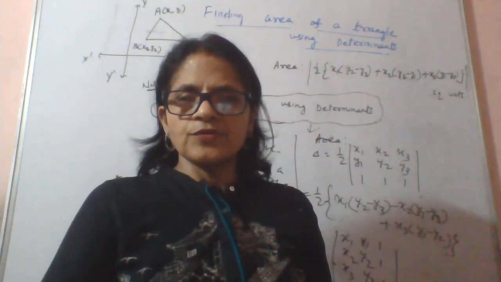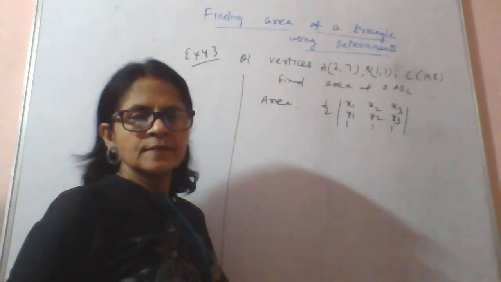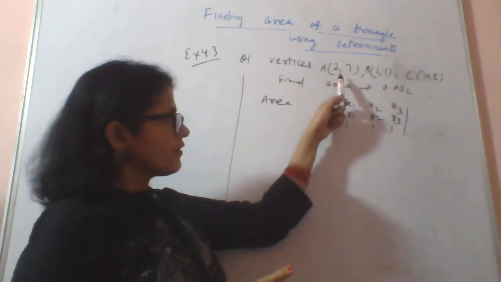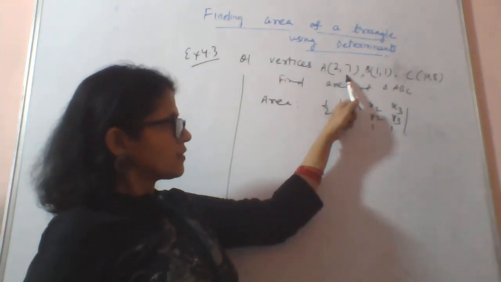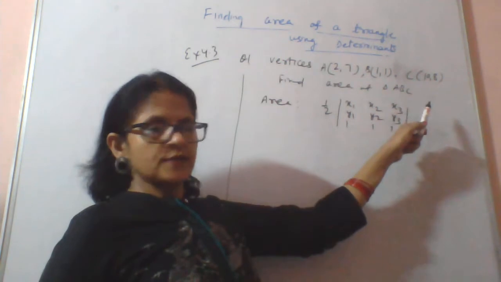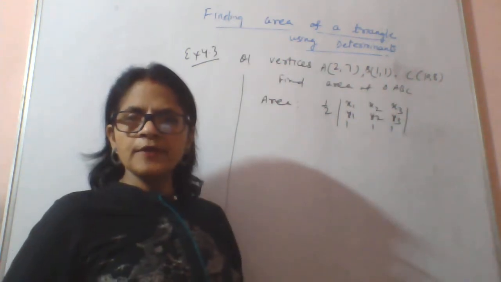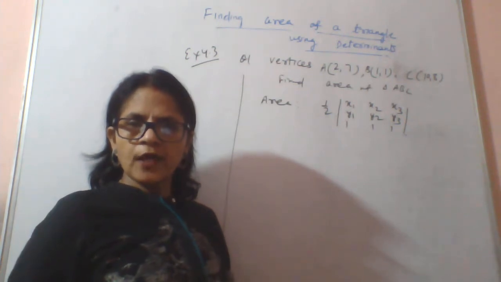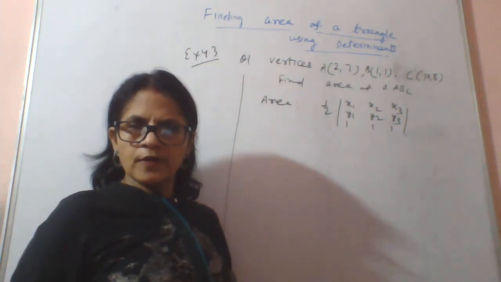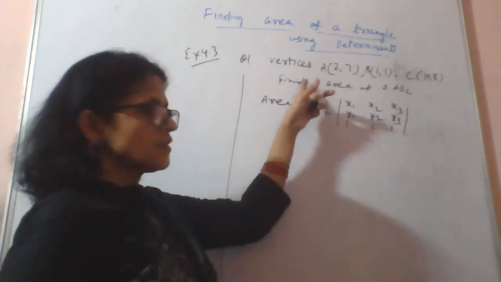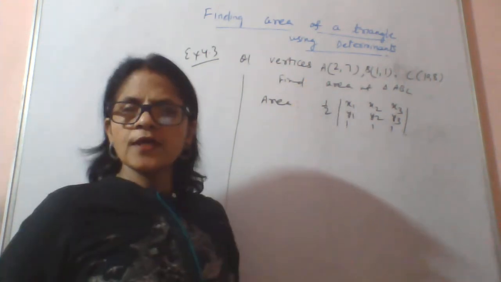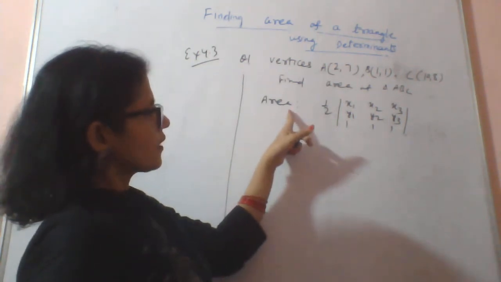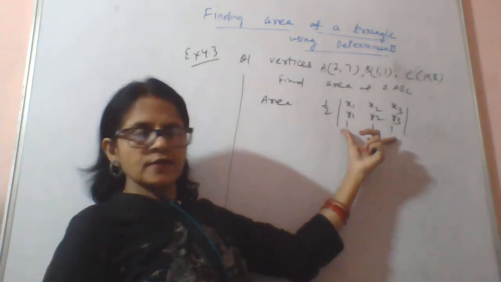So let's check exercise 4.3, first question. You see we are given the vertices (2, 7), (1, 1), (10, 8). Find the area of the triangle ABC. So here from this exercise I will be considering 4 types of questions which will cover the entire exercise. This is one of the types: when vertices are given, how to find the area of the triangle. Now you know the area of the triangle is half of this determinant.